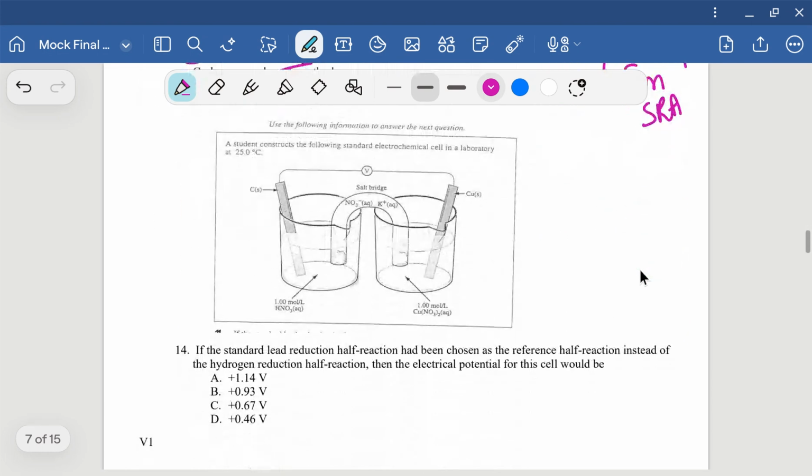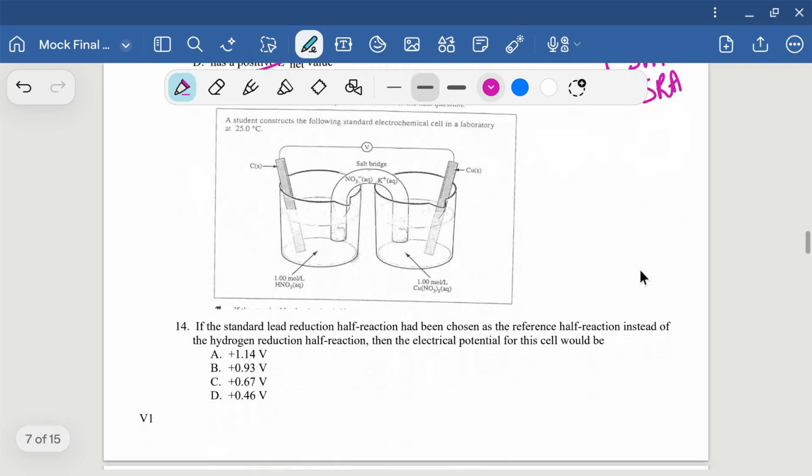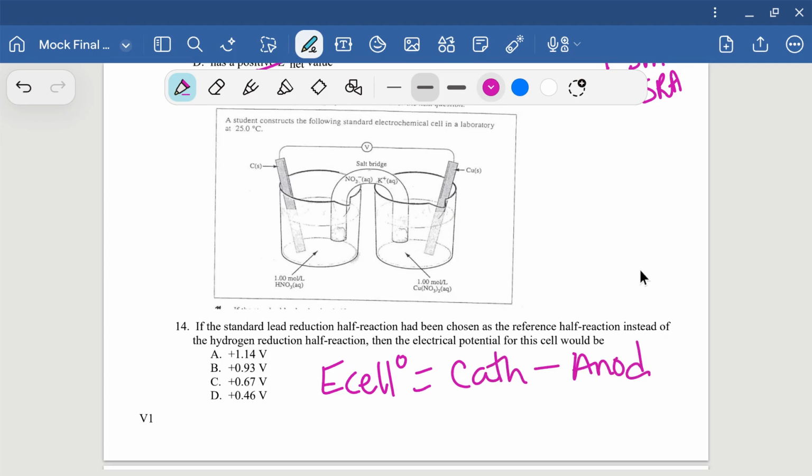Moving down to looking at a cell, it's given us the lead reduction half cell has been chosen as a reference cell instead of the hydrogen, then what would be the new potential? So with this one, we are still looking at the E of the cell. And even if you change the reference cell, just because it's still all about differences, we can plug in the values and it's not going to change. It will still remain the same.